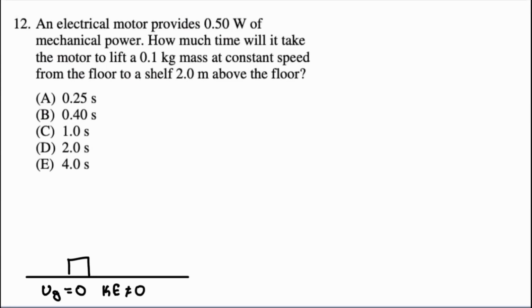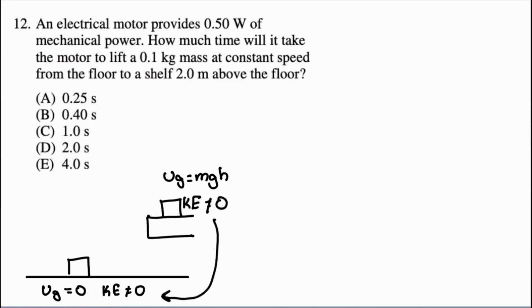And then it comes up to some shelf. Let's just say that's the shelf where UG is going to be equal to mgh, and KE is equal to the same value here because it said it was at a constant speed, so those two terms are equal.